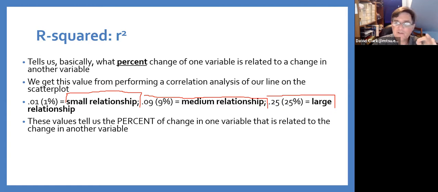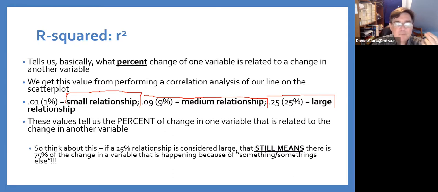Now think about this for a second. Stop and think. This will blow Corey's mind, probably won't, but okay. If 25% is considered a large relationship, that means there's still 75% of the change that's related to something else. Corey arched his eyebrows. 75% of the change is related to something else.